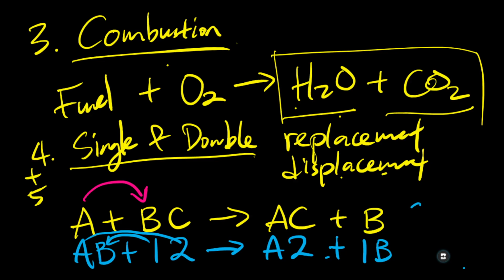So this is a single, this is a double. Single replacement, double replacement. That's the 5 different types of reactions. Why does it happen? It's actually because of the reactivity. But again, I'm not going into electronegativity.